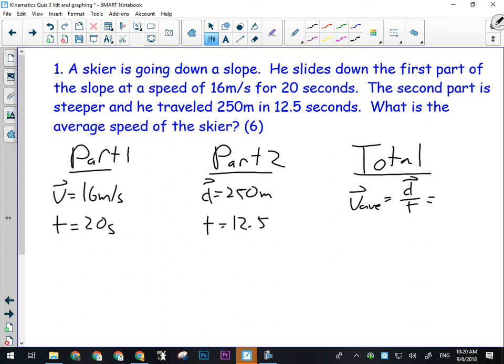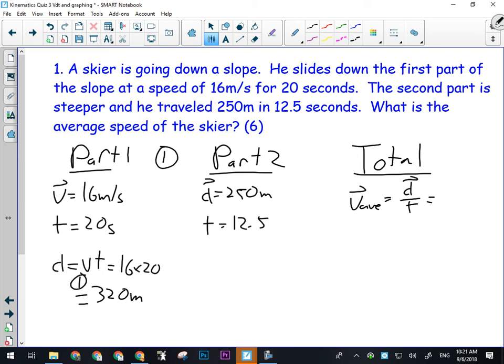If I'm going to have total displacement over total time, I still need the displacement for part 1, but for right now, you can give them 1 mark for their givens. The next thing they're going to get a mark for is calculating the displacement for part 1. So d equals v times t, that's 16 times 20, which is going to be 320 meters.